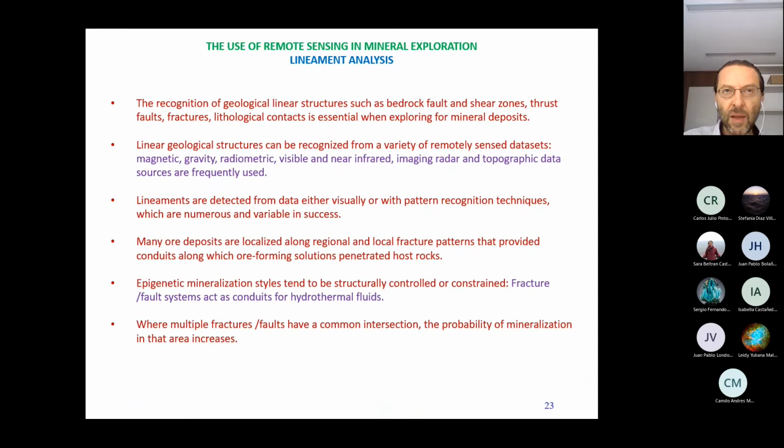So what happens? Lineament analysis is part of this structural interpretation using remote sensing data. The idea is that someone should look for linear structures. Linear structures can be not only faults and fractures, they can be geological contacts, or other features.